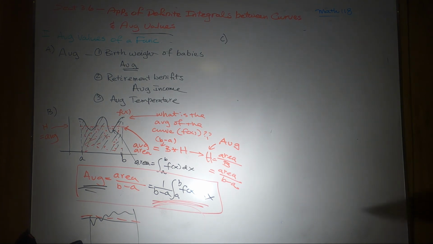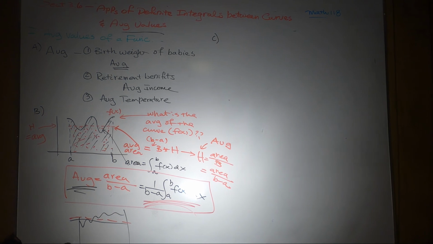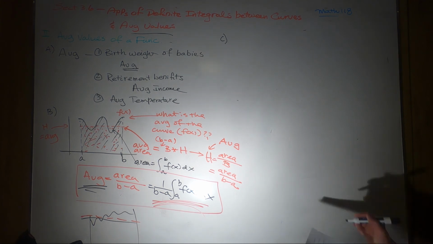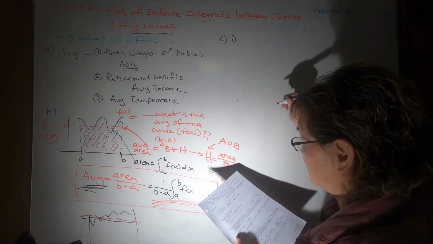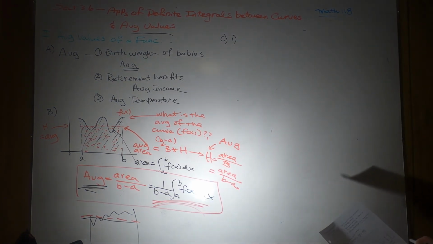Okay? Let's look at the example on your page 74, right? So, first one, finding the average value of a function. Let's practice that first. Okay? Just doing it straightforward.